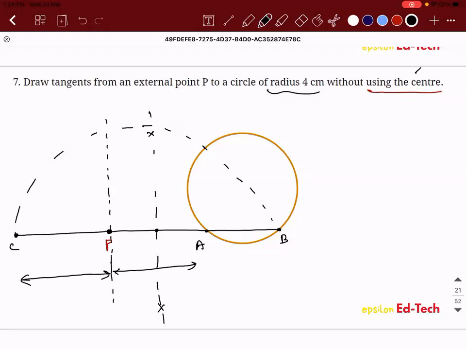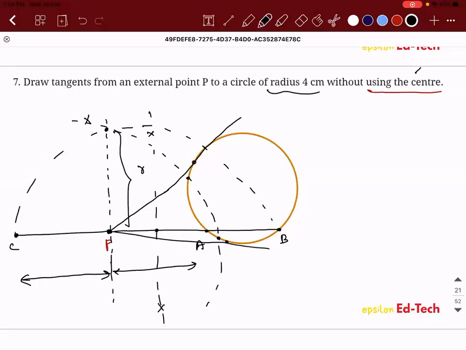Once you draw it, it is going to cut the semicircle, let's say at point X. Now take this as the radius, PX, and cut an arc. PX as the radius, cut an arc. Then it is going to cut the circle at two different points. So from here, join this point and join this point. That will give you the two tangents that are required.